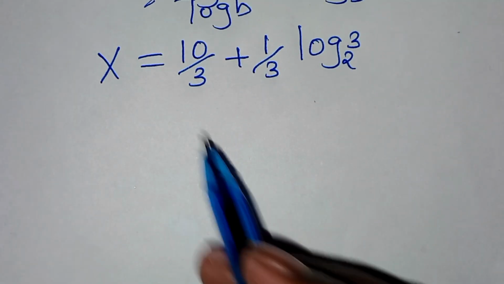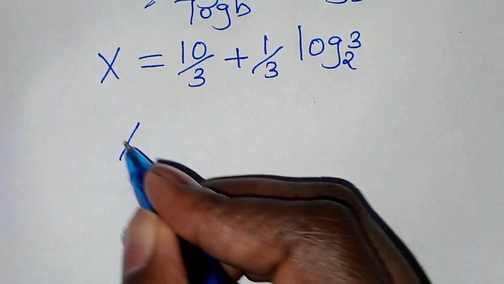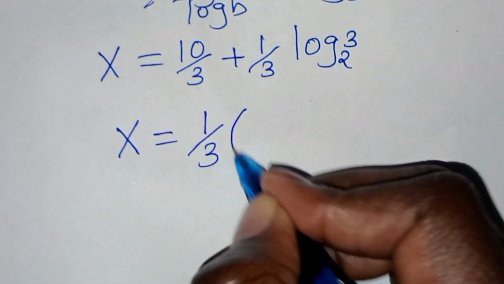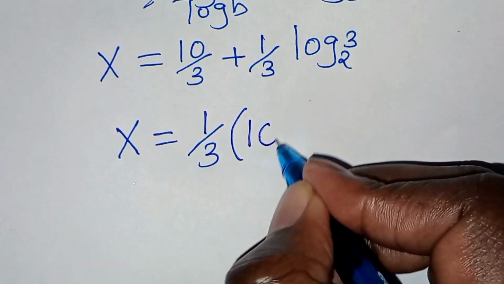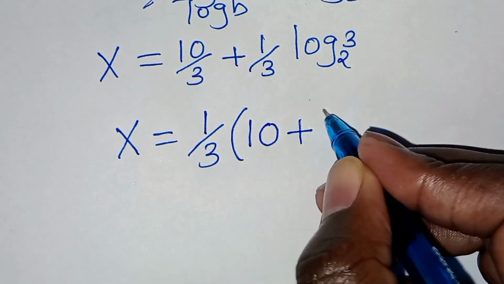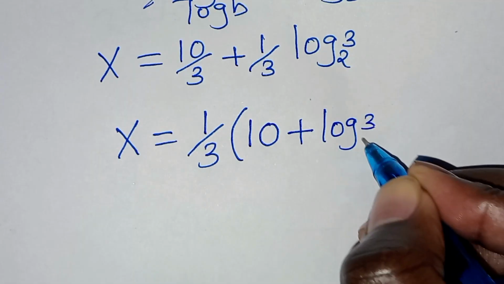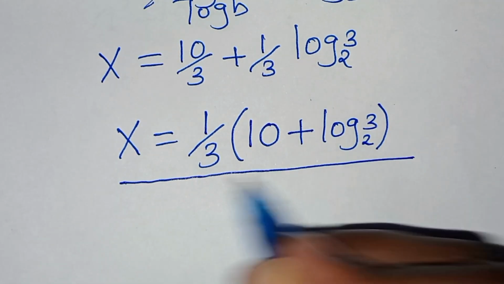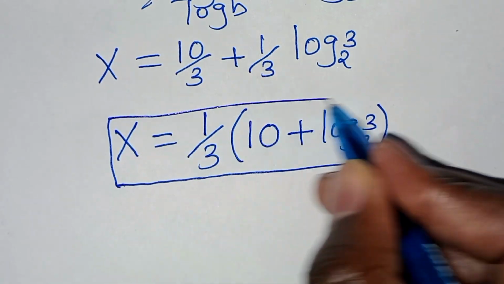Now from what we have here, a third is common. We can factor out a third so that we have 1 over 3 into the parentheses 10 plus log 3 to base 2. Now this is the value of x.